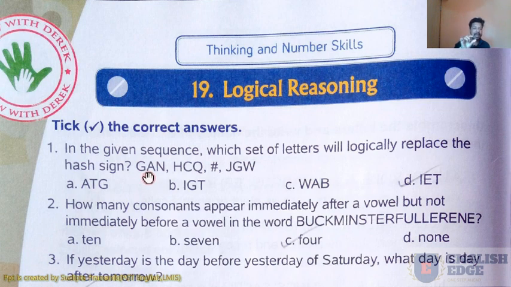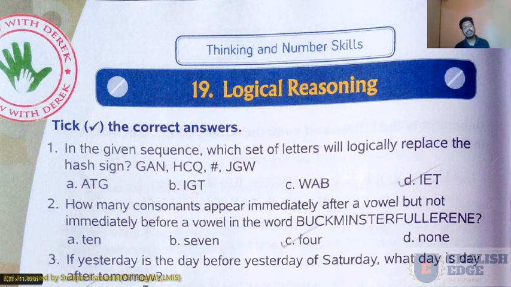GAN has an inner connection with HCQ, and it has an inner connection with the answer which you have to put in place of the hash sign, and the answer must have an inner relation with JGW. It is not a matter of guessing, I am very sorry.